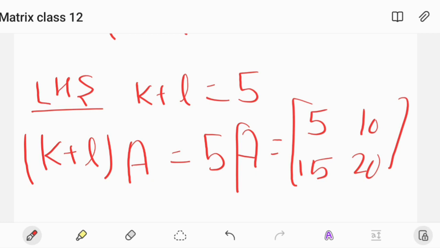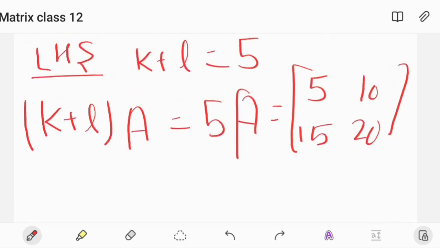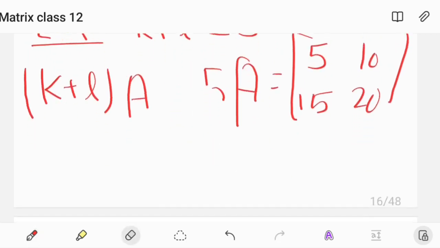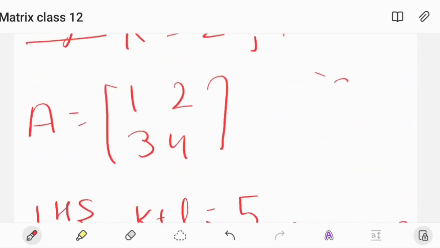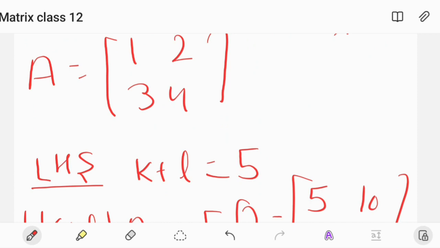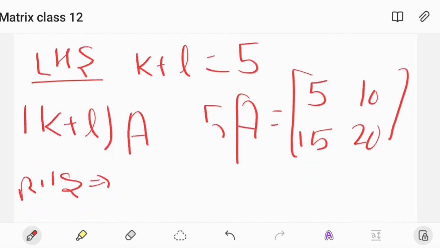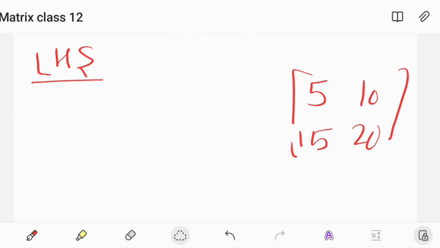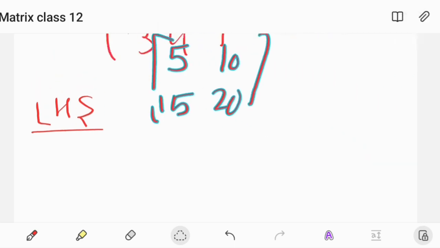Now what is my RHS? This is my LHS. The RHS says that kA plus lA should be equal to it. Let me create some space. So my LHS is this one, right?